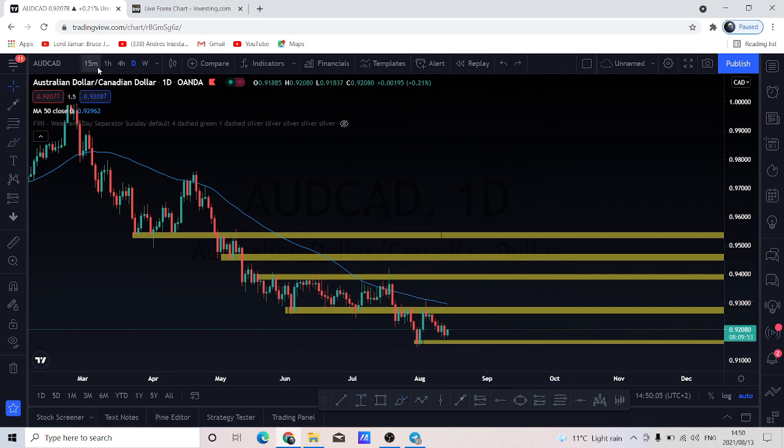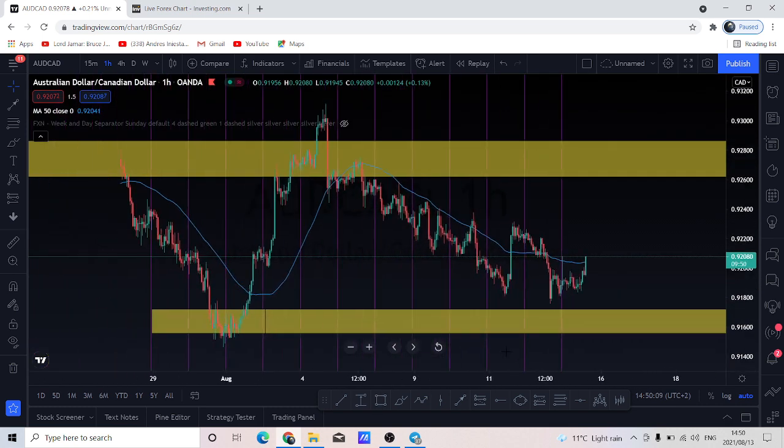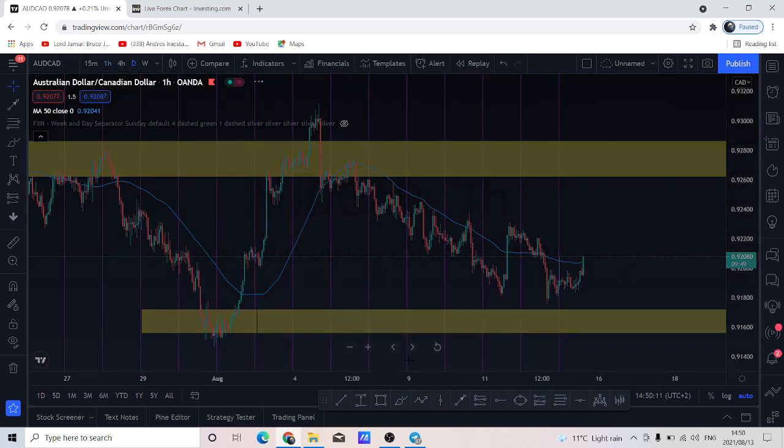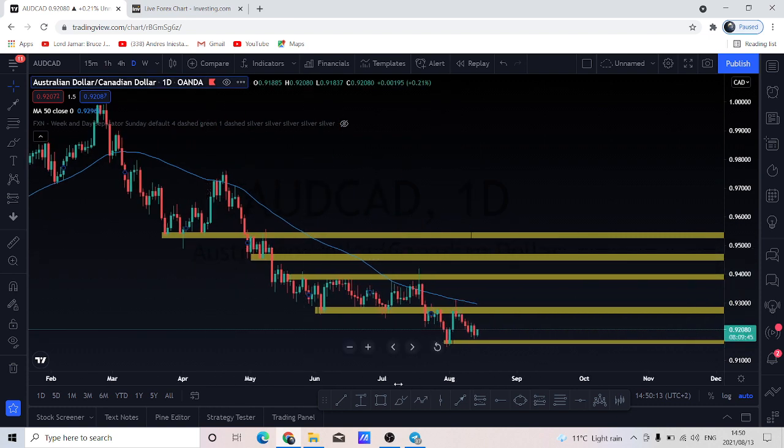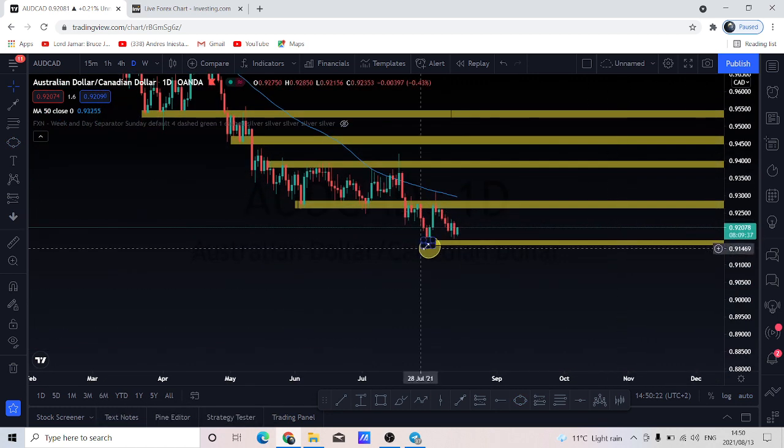Okay, now let's go back to the daily time frame. So let's see our turning point. Our turning point was in this area here. That was our turning point. That's when the market started to go up.